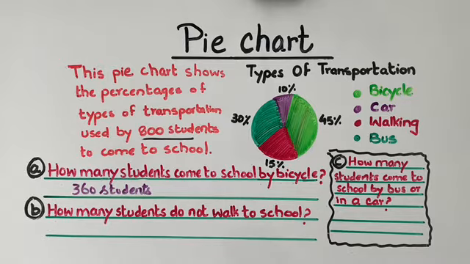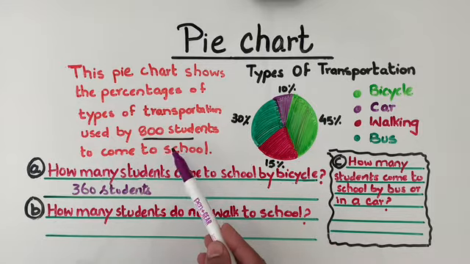In the second question, how many students do not walk to school? Here we have to tell how many students do not walk to school. Right, so this pie chart tells us 15% of students walk to school out of 800 students.